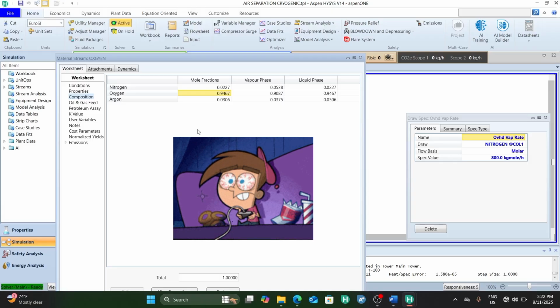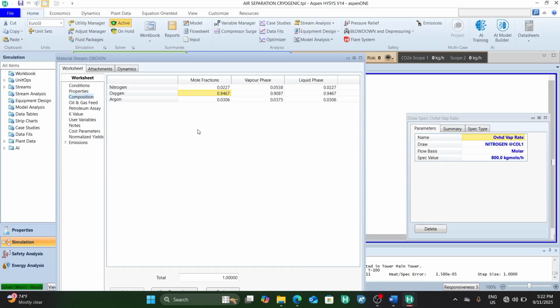Now, we're having better results because we tweaked our reflux ratio from 1.5 to 2. Earlier we were having around 99 recovery for nitrogen, and then around 62 for our oxygen using 800 kilogram mole vapor rates.